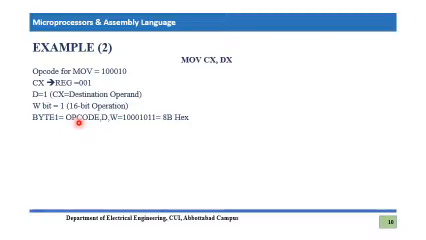So byte 1 will be opcode, D and W. This is our opcode 100010, D bit is 1 and W bit is 1. Arranging them in hexadecimal form, 1000 means 8 and 1011 means B. So the first byte is 8B.